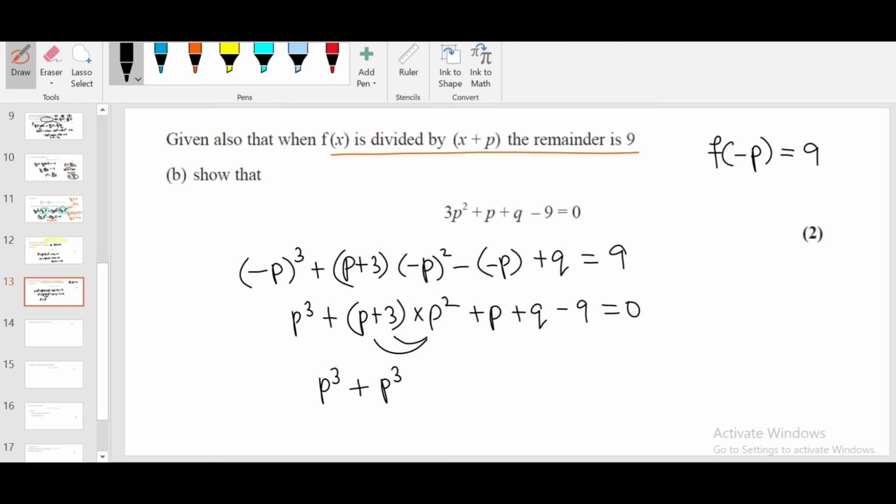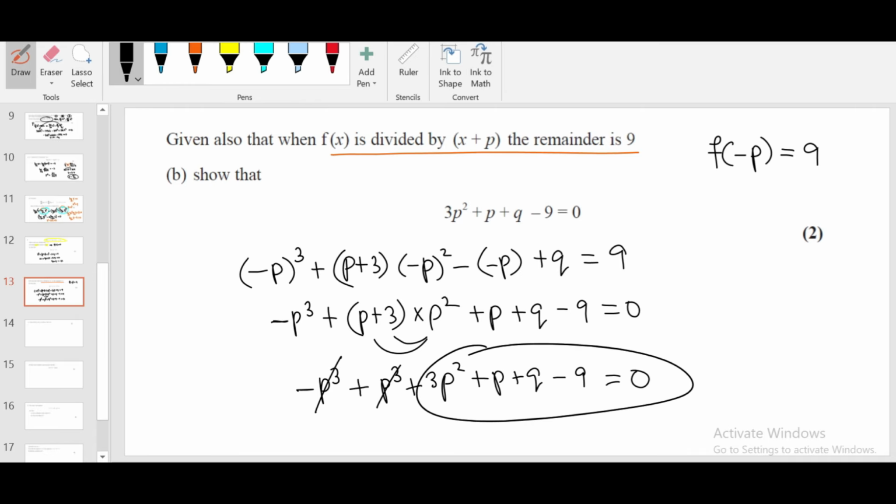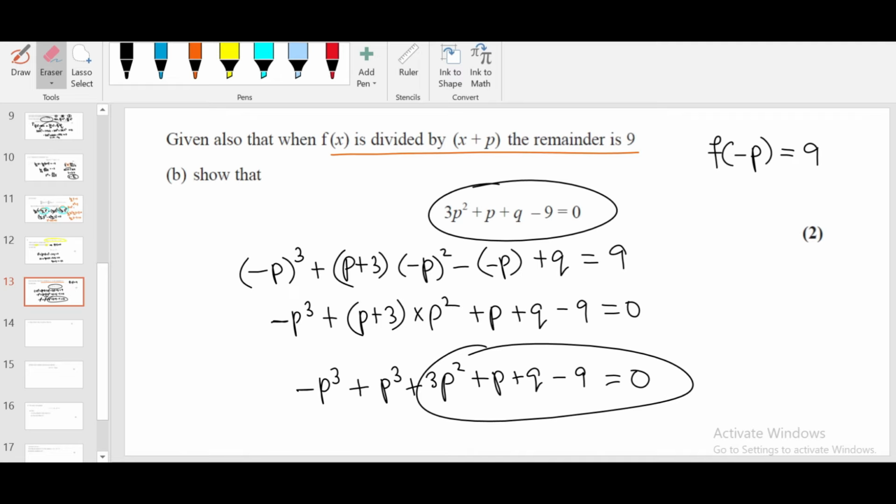Okay, something is not adding here. 3p squared plus p plus q minus 9 is equal to 0. Okay, the minus p whole cube is minus p cube actually. So you can cancel this, you got the answer already. That's all. That's part B.